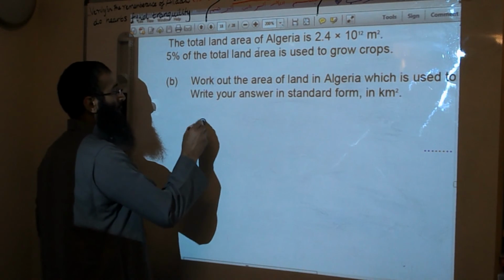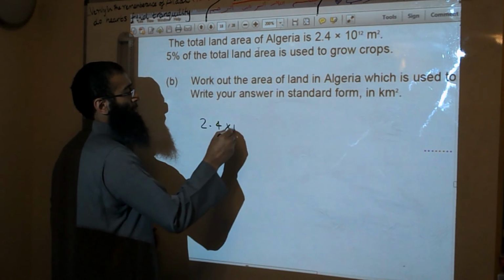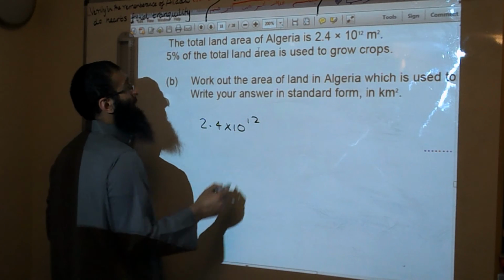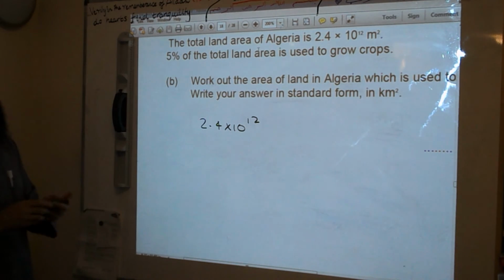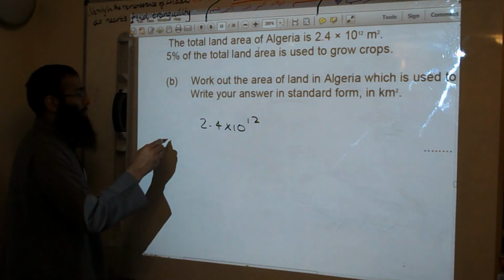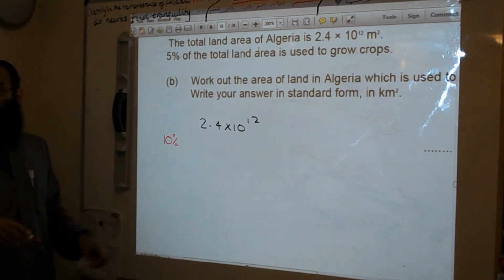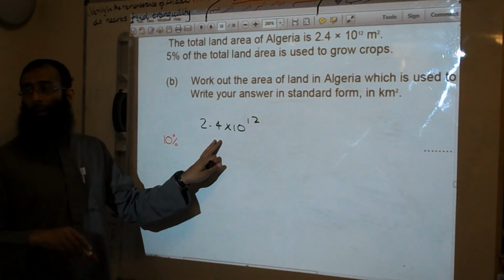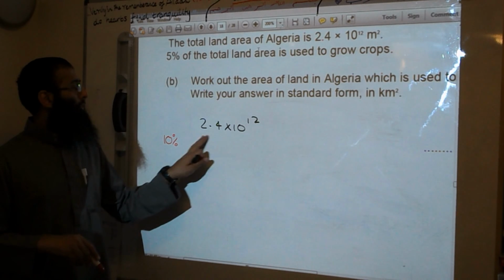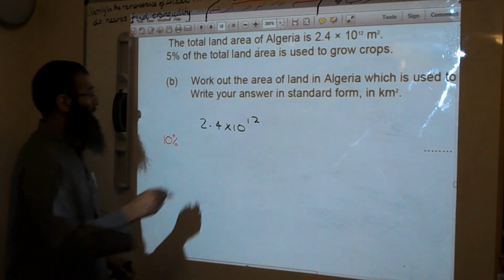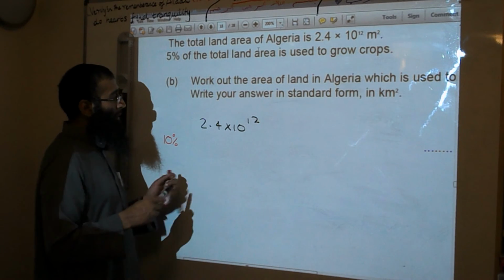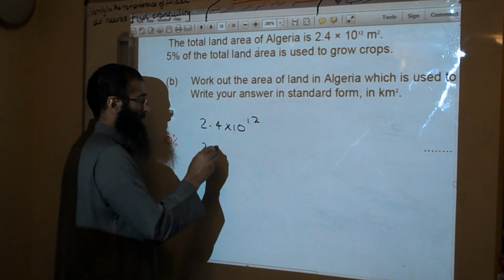We have 2.4 times 10 to the power of 12. Now I need to work out 5%, so I'm going to use the technique where I work out 10% first. To work out 10%, we divide this by 10. If you divide this by 10, what happens to the 12? It becomes an 11.